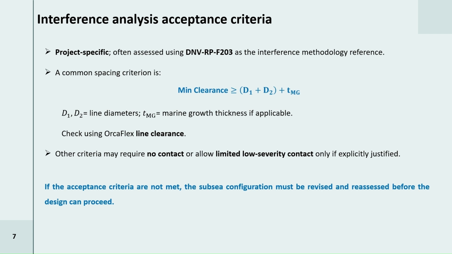Here, D1 and D2 are the diameters of the two subsea lines. Other projects may accept smaller clearances if no physical contact occurs.